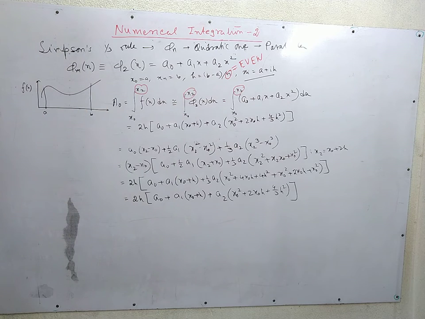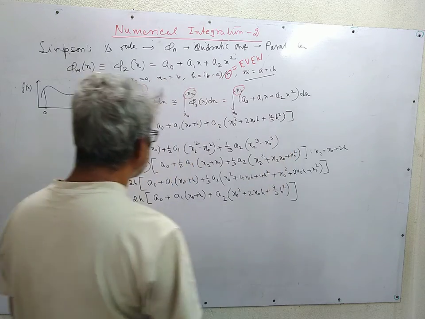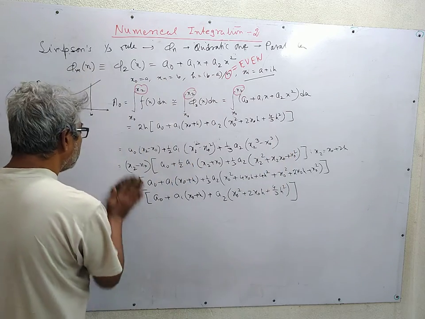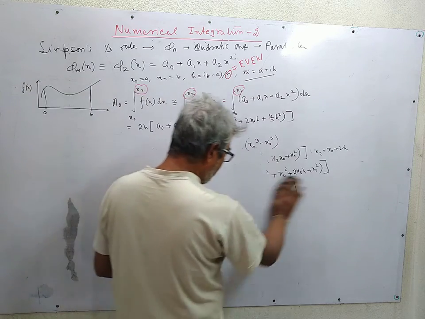Now our aim is to find out or replace the expression within the square bracket in terms of a combination of y0, y1 and y2.